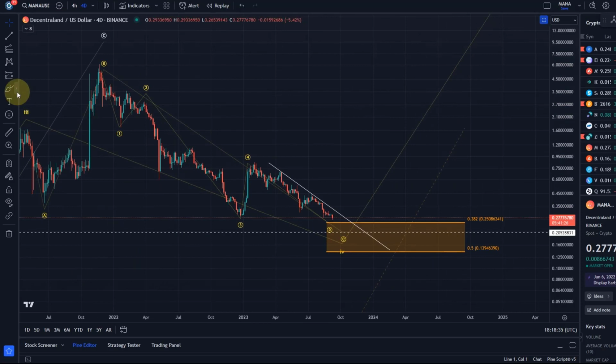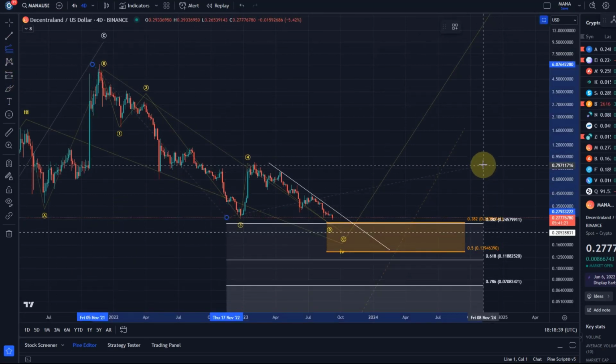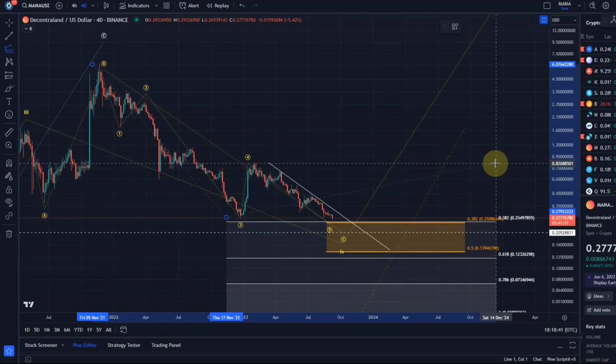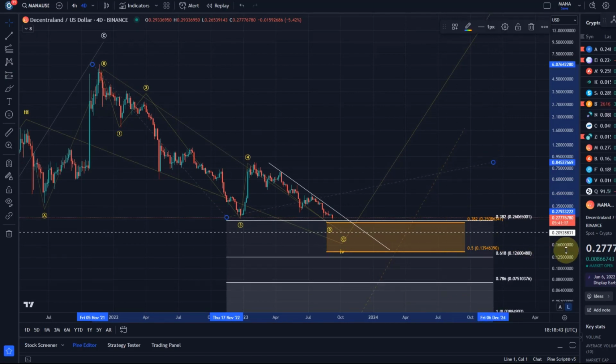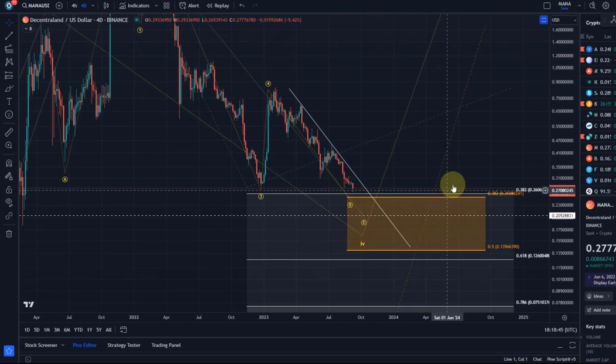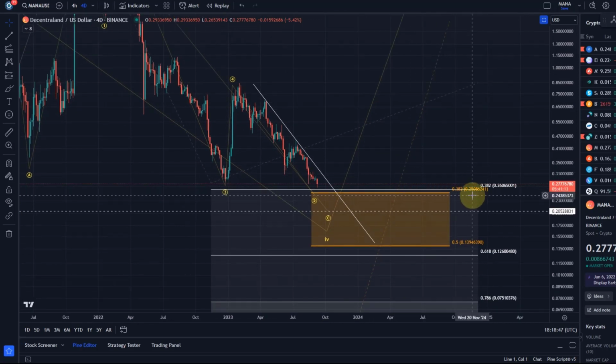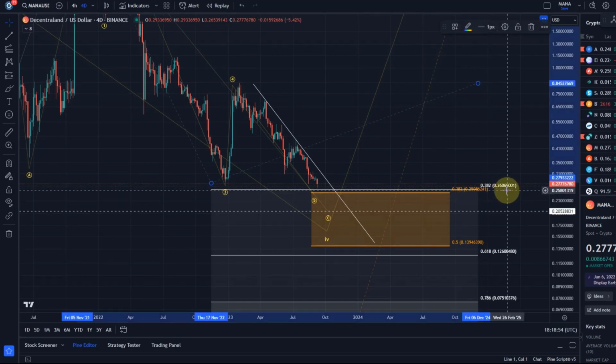We can also use the length of the waves 1 through 3, go to the high of the wave 4, and we also get the 26 cent level, pretty much an overlap with a 38.2 fib level. So the next levels I pay attention to are 26 and 25 cents, as well as 20.5 cents.